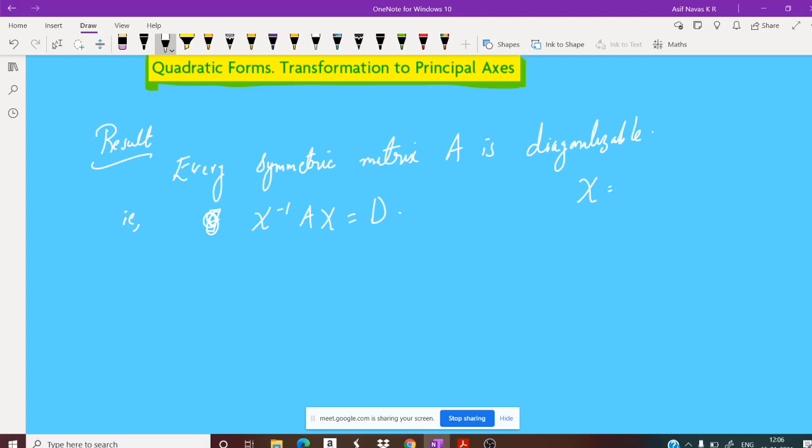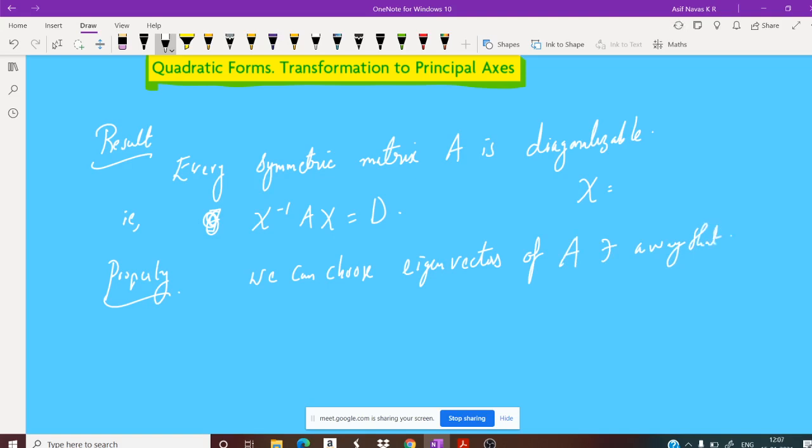But there is a very important property of symmetric matrices. We can choose eigenvectors of A, that is symmetric matrix A, in such a way that the matrix X is orthogonal.